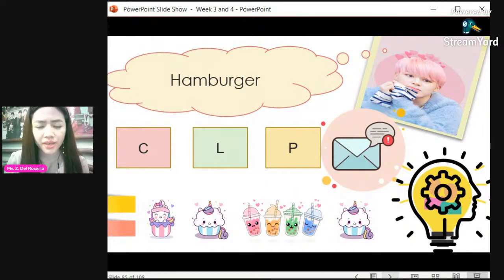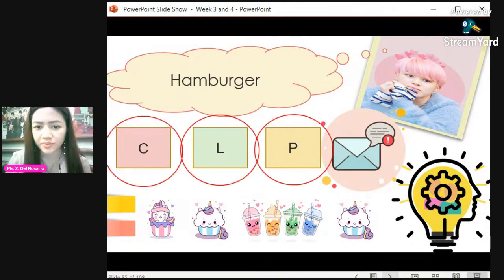Alright, a while ago you've made also mention of this one. Hamburger, is that carbohydrate, lipid, or protein? So actually for hamburger, it could be carbohydrate, lipid, and protein at the same time because of the different ingredients present in there.